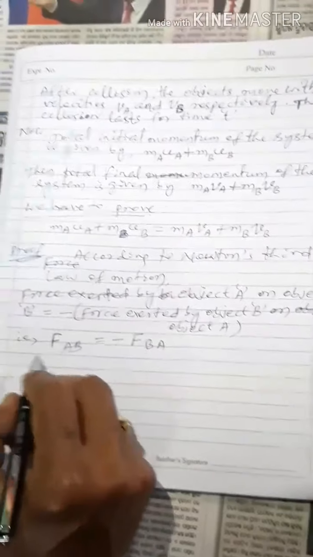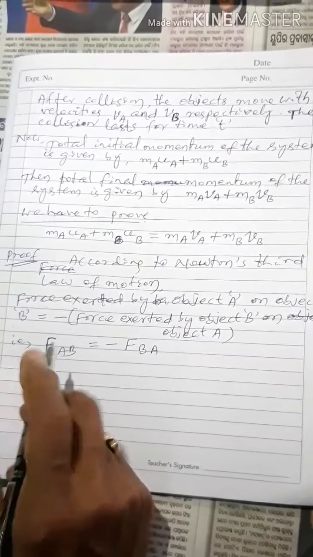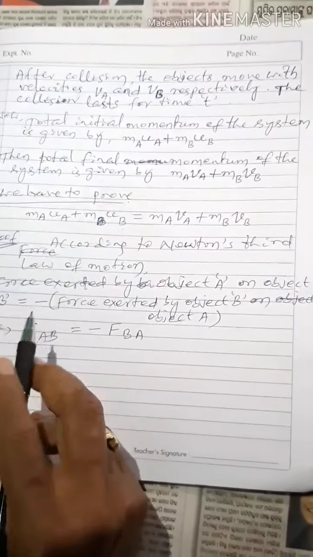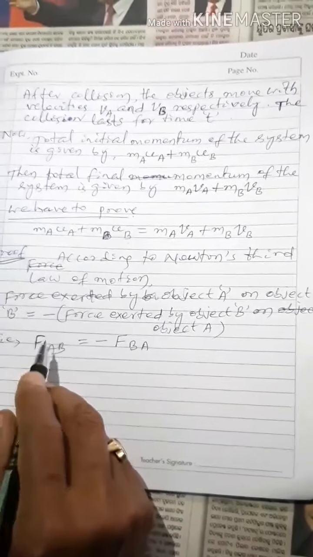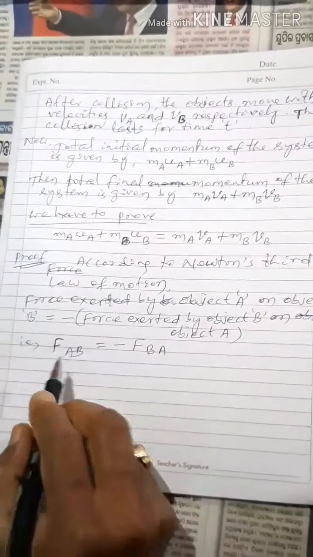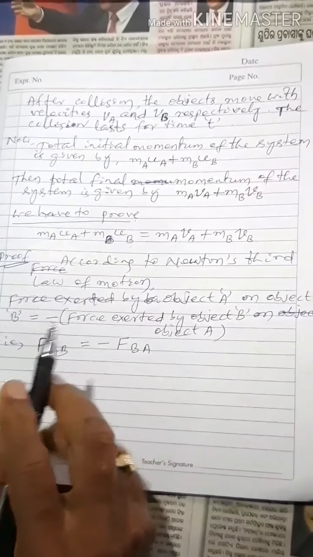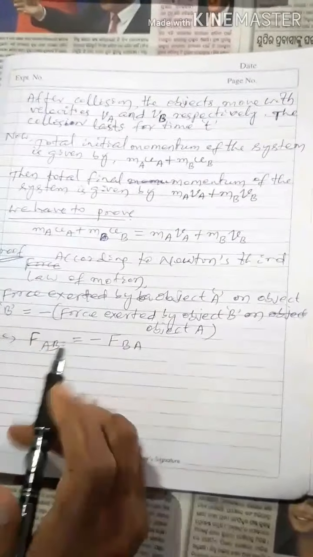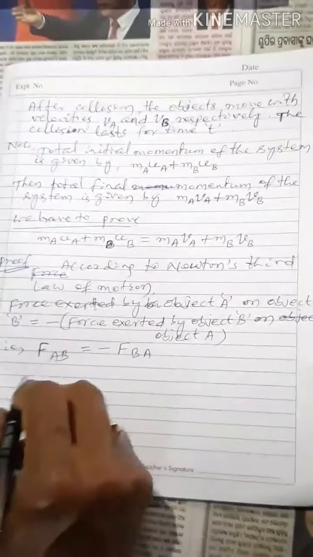So we can also write, FAB means force exerted by body A on object B, and that is the force on B. The force on B means what?